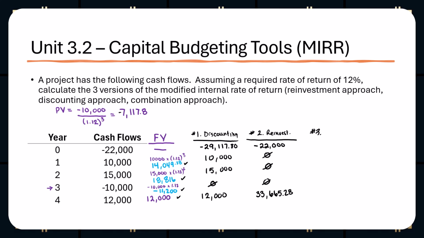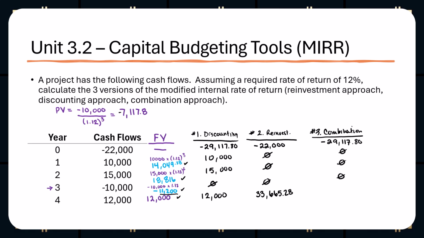Okay. Now we're moving into the combination approach, or approach number 3. This is what I would call MIRR 3. And remember that it sends the negative cash flows to time zero. So the first cash flow looks identical to the discounting approach. And we get zeros at time 1, time 2, and time 3. The key difference is that we're not going to add this negative $11,200 to the last cash flow because it's been sent to time 0.